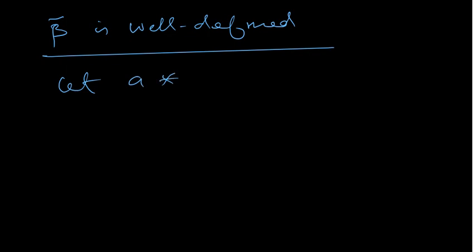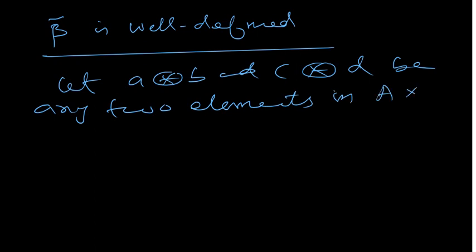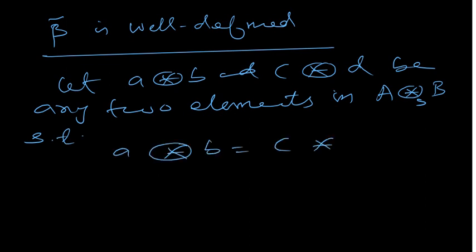Let a tensor b and c tensor d be any two elements in A tensor B over S such that they are equal.